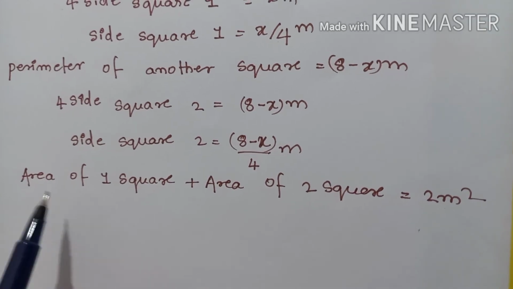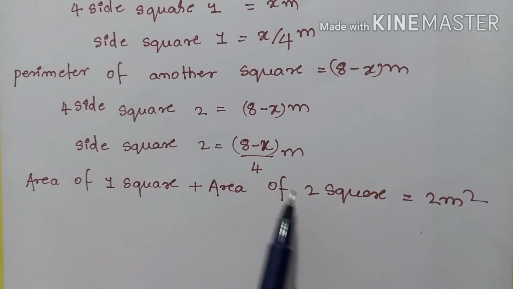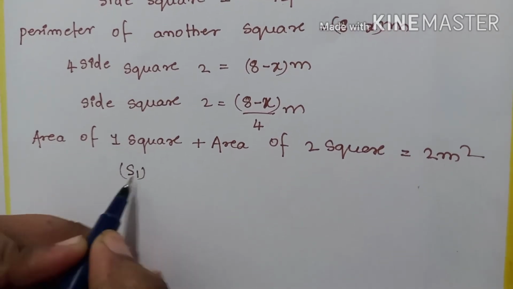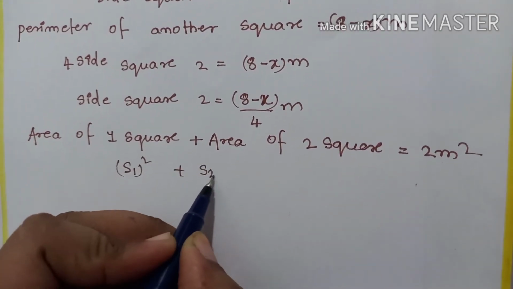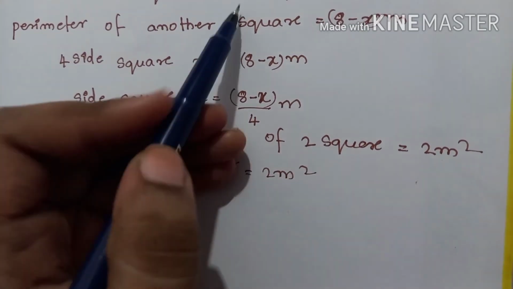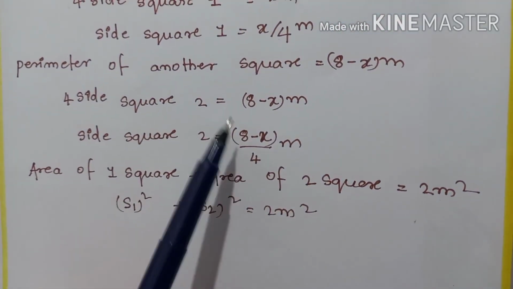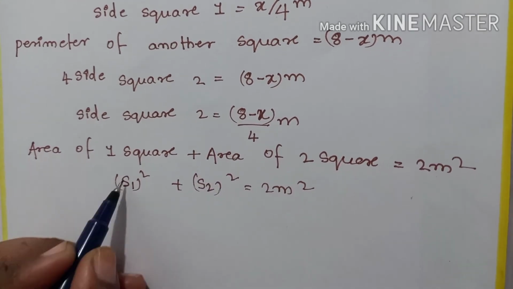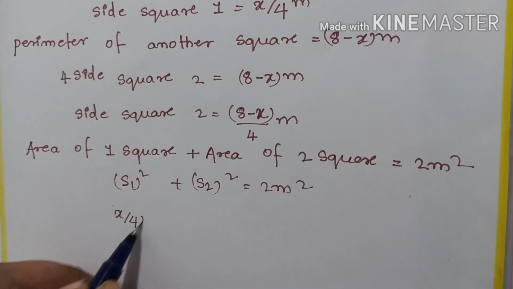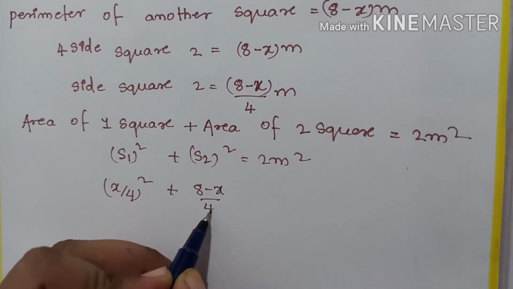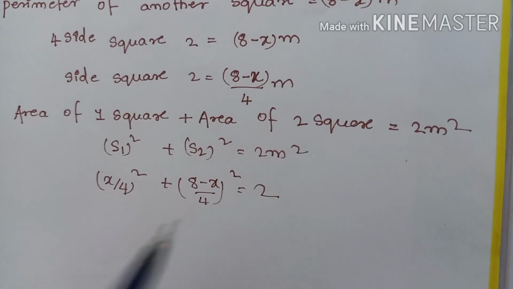From the question we know that the area of one square plus the area of the second square is 2 meters squared. That is S1 squared plus S2 squared. Here S1 is x by 4 and S2 is (8 minus x) by 4. Substituting the values, (x by 4) whole squared plus ((8 minus x) by 4) whole squared equals 2.